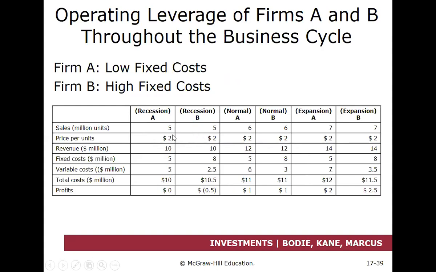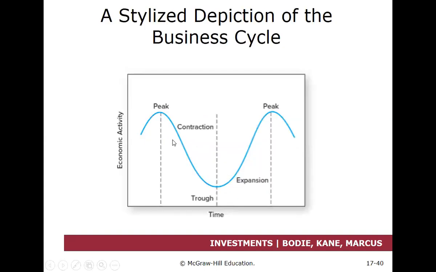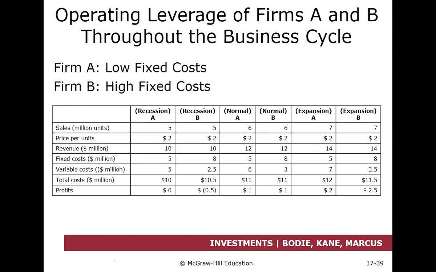Sales are 5 million units, and the price per unit is $2 for both companies A and B. Then revenue is $10 million for both.